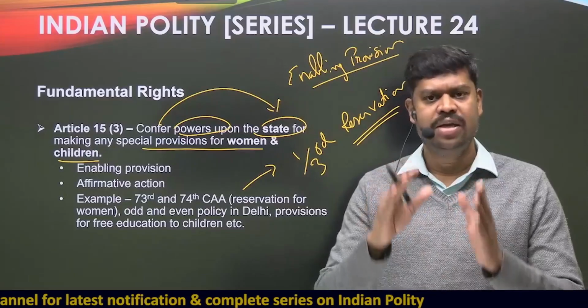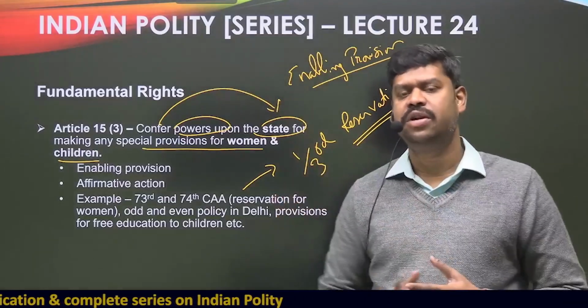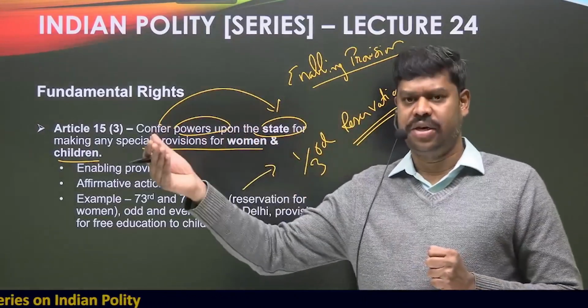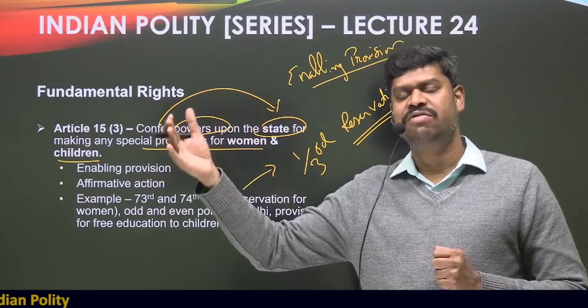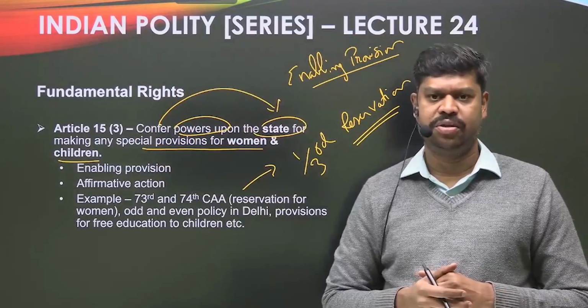It is only a special privilege which may be conferred by the state upon women and children, because the constitution is only empowering the state, and by using this power, if the state makes a law or a policy, then it can be exercised by women and children.